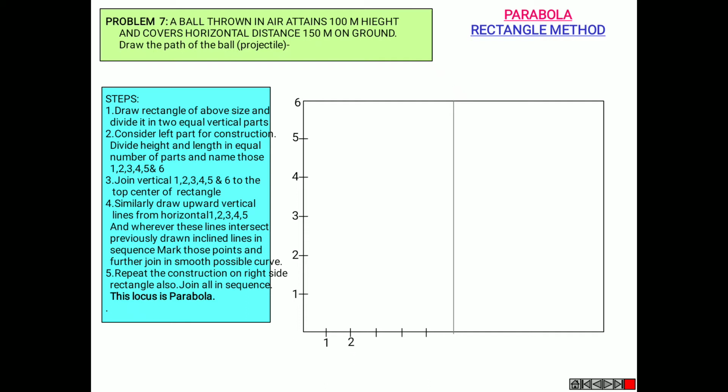Now from the center line, draw the inclined lines to 1, 2, 3, 4, 5 and 6. So 6 is already done. Repeat the same procedure towards your right.